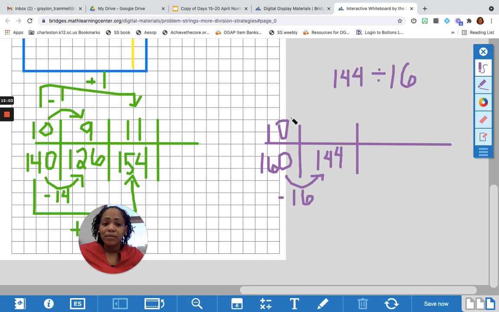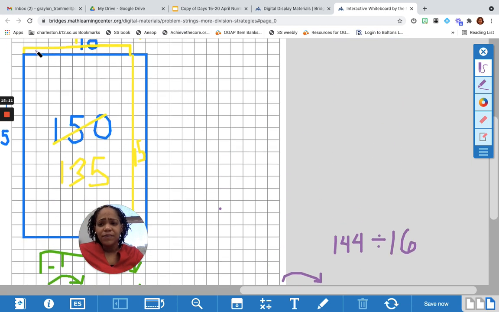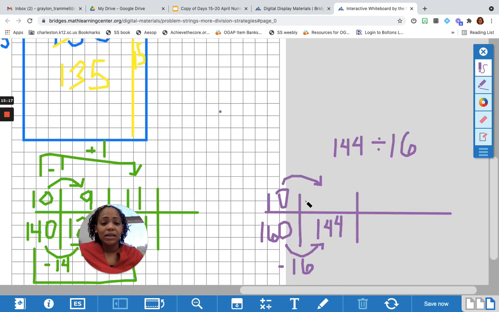And in this problem, each of our groups has 16 in it. So imagine if I were to draw that out, just like you saw here. If I had 16 going this way, they have 16 in it. And so if I take away one whole group of 16, then I'm getting 144, which means instead of having 10 groups, I have 9 groups. So your answer to 144 divided by 16, you should have gotten 9.